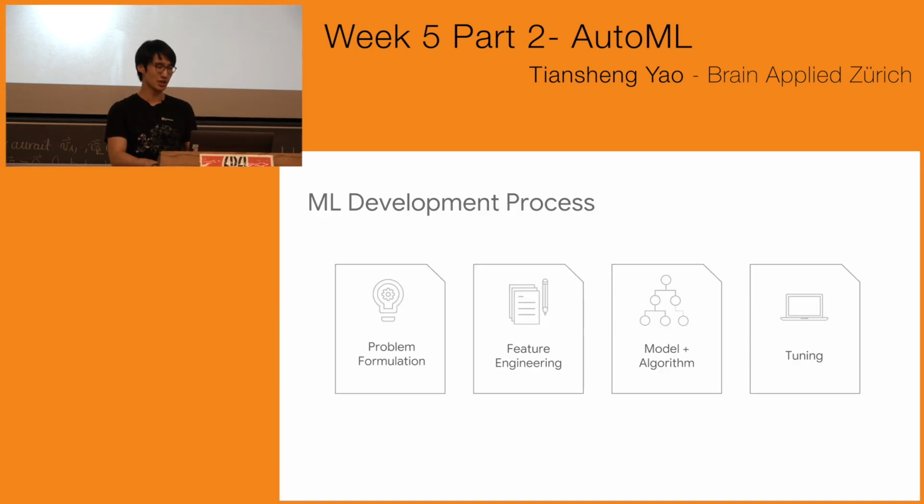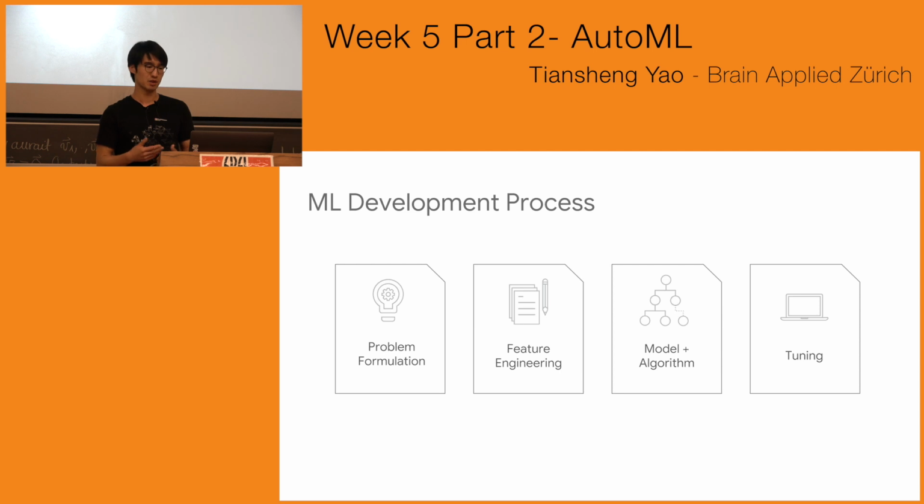What does a usual ML development process look like? At Google, when I started working with product teams like Google Play, the Android store, or shopping on different ML problems, we usually went through this thinking process. Firstly, we define the problem, and then we collect the data and try to engineer the features, like people do in Kaggle competitions.